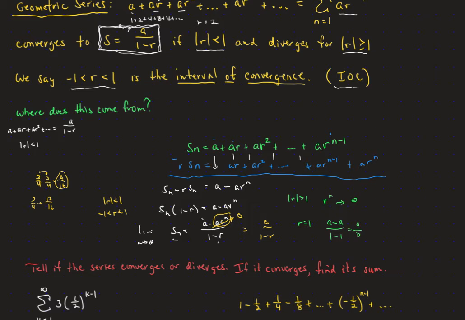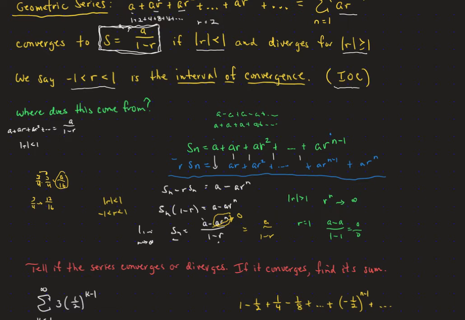But if you think about it, if r is 1, that means we're going to take a, because each time we multiply by r, we're getting the same thing, and that's going to blow up and go to infinity. And if r is -1, we're going to get a minus a plus a minus a, and we've talked about that before. In the case of 1 minus 1 plus 1 minus 1, that's going to diverge as well. So at the end of the day, this is what we get.